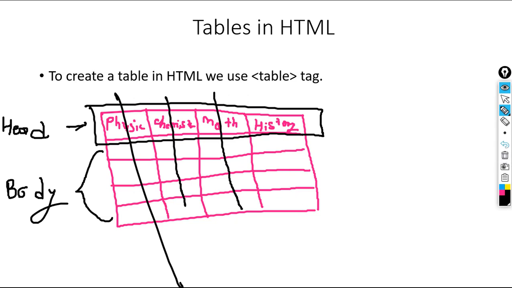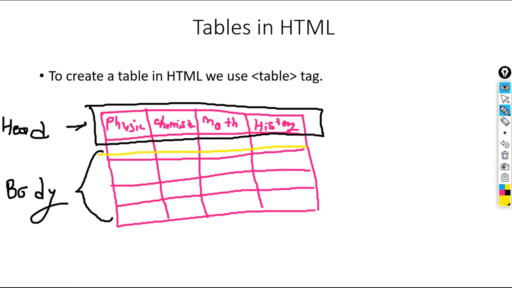Now let's understand rows. See here, this is one row, this is another row, this is another row, this is another row, correct?